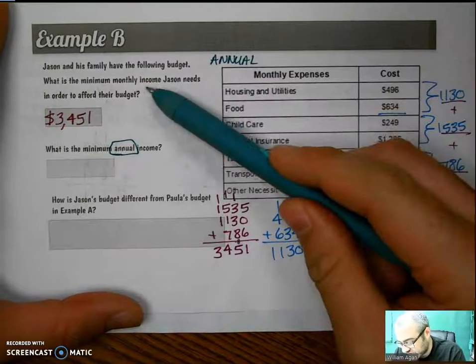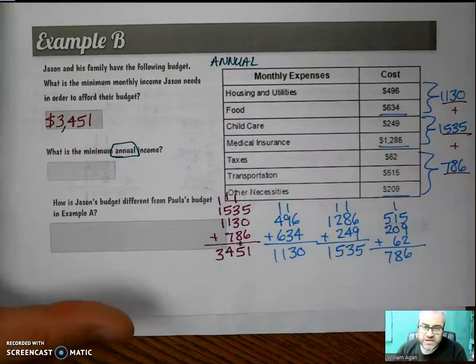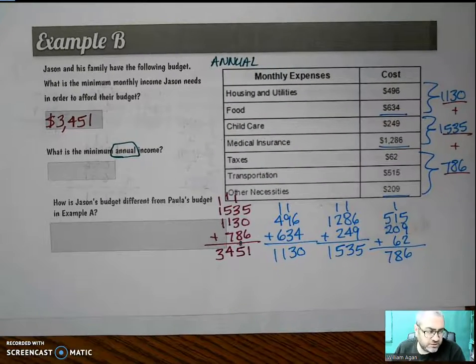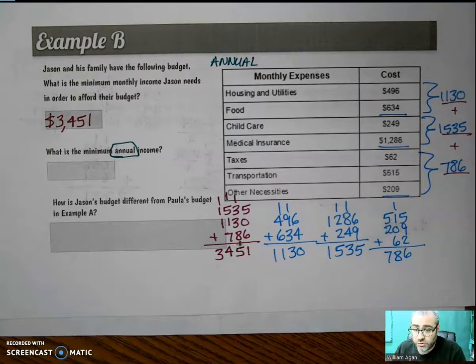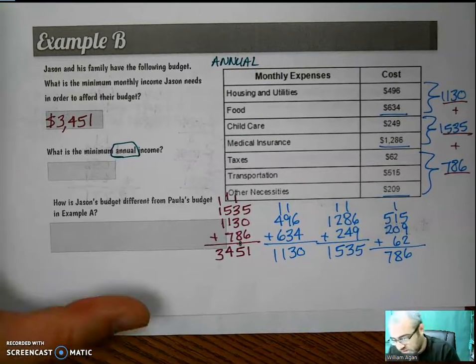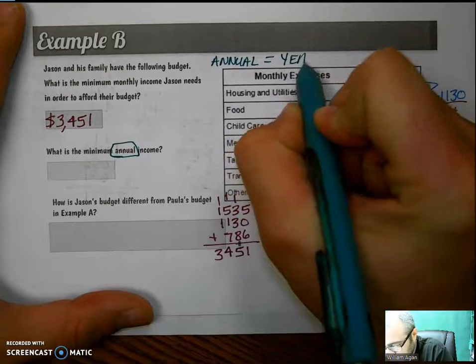Okay, if this question is asking monthly and the next question is asking for annual, then using just context clues, what do you think it might mean? If you said per year or yearly, then you're right. Annual means yearly.